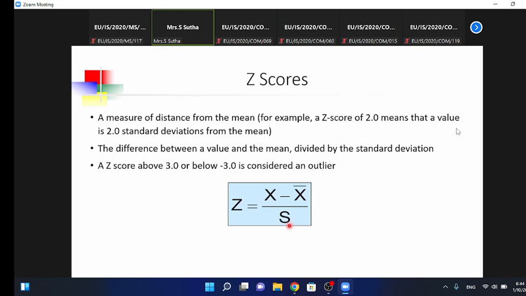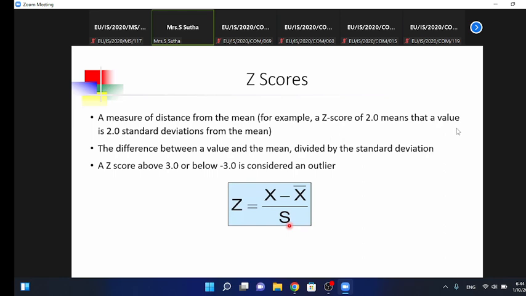Usually we can calculate Z-scores to look at whether some of the values are outliers or not. If your Z-score is above 3 or below -3, then that will be considered an outlier.